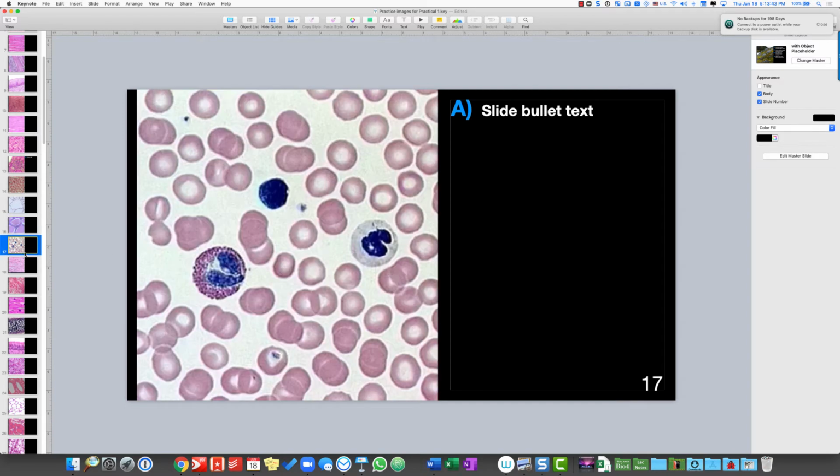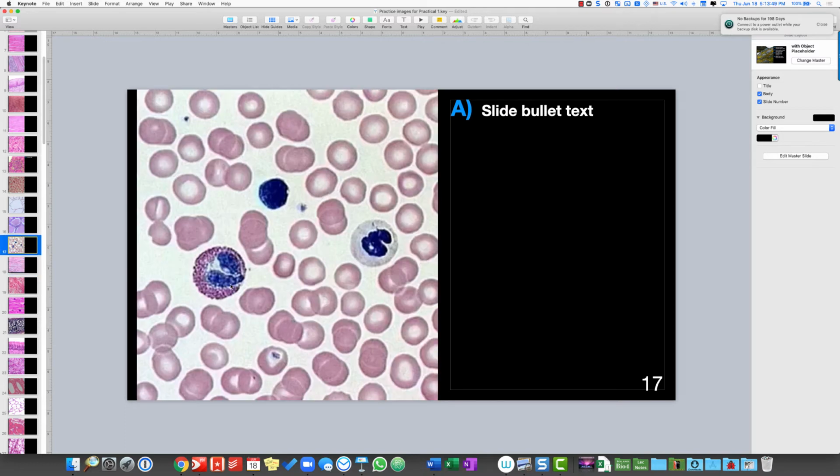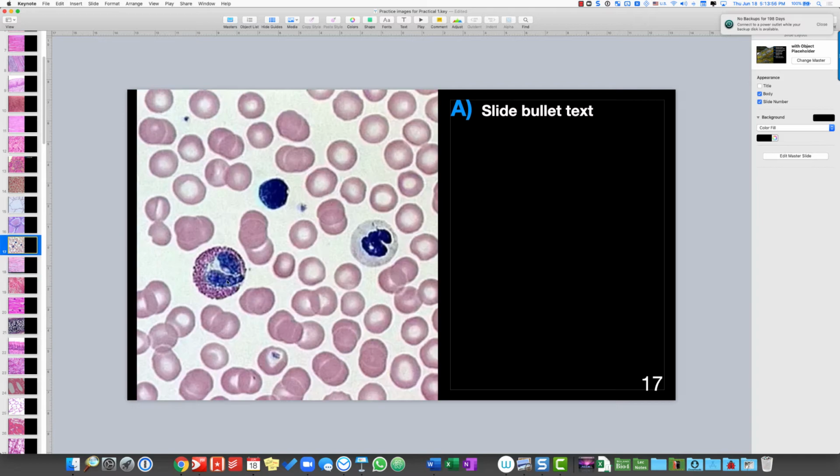So this is just blood. It's a type of connective tissue, but you could just say blood if you're asked to identify the type of tissue. And then for this, you would just say leukocyte, leukocyte, leukocyte. This would be erythrocyte.